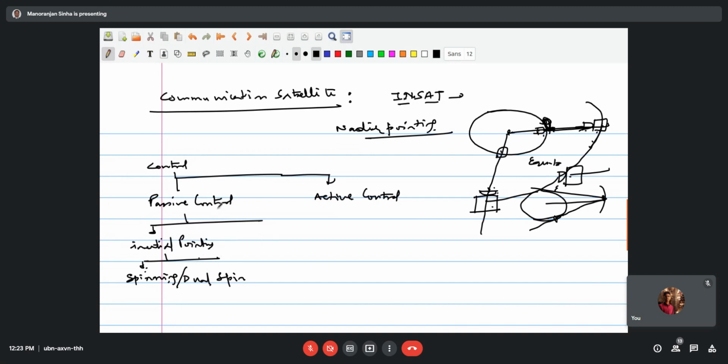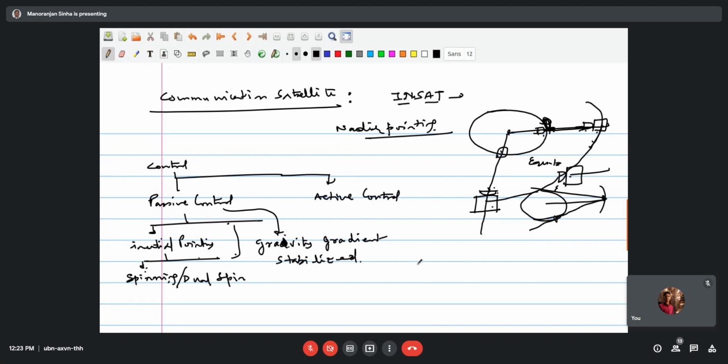So this is for inertial pointing, and we have already looked into this. Another passive control can be your gravity gradient stabilized.